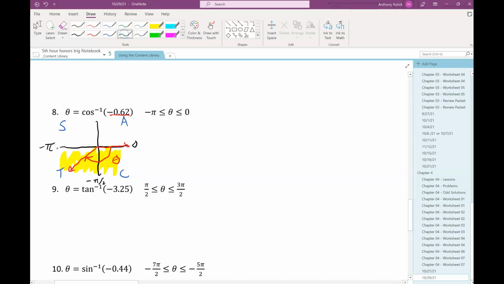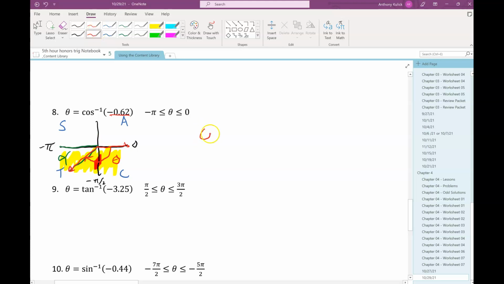So my alpha is this angle here. And if theta is positive, if the last axis I cross is the vertical, I should be subtracting alpha. But since theta is negative, it's all backwards. So I'm going to be adding alpha actually this time.